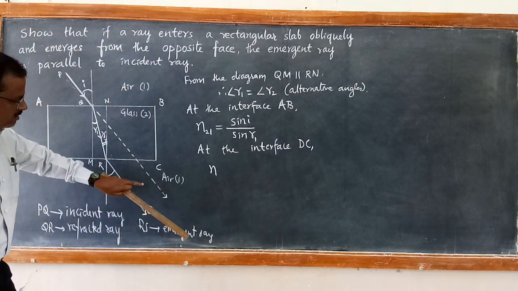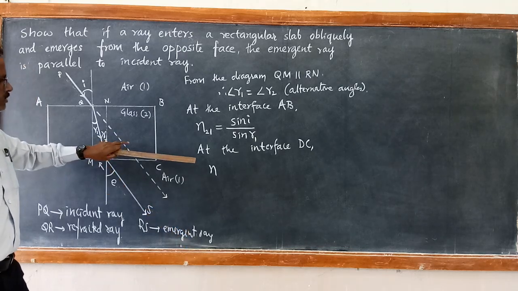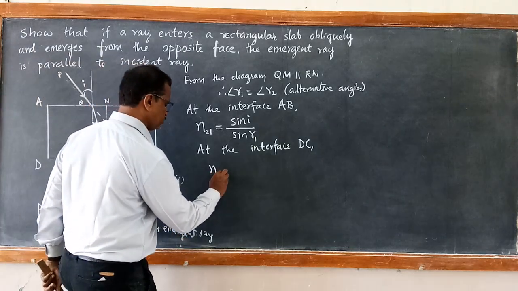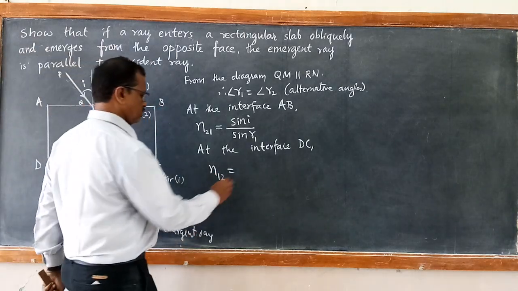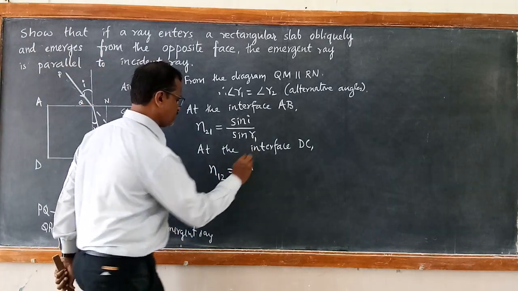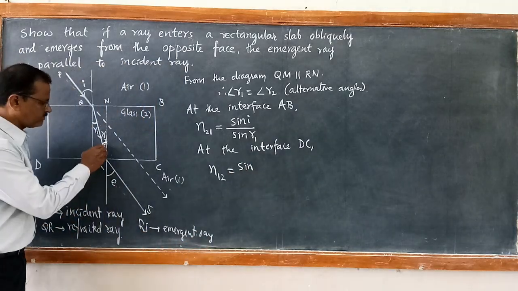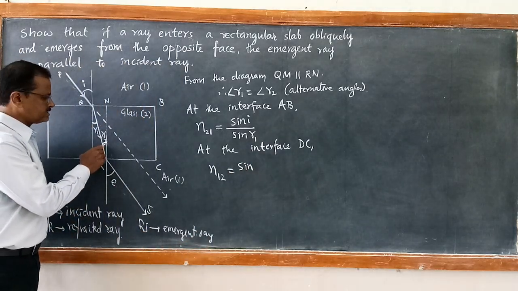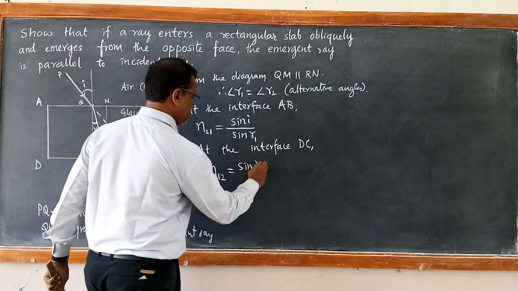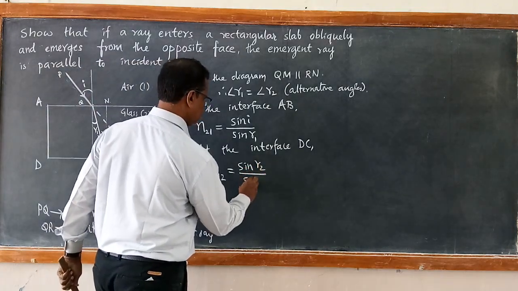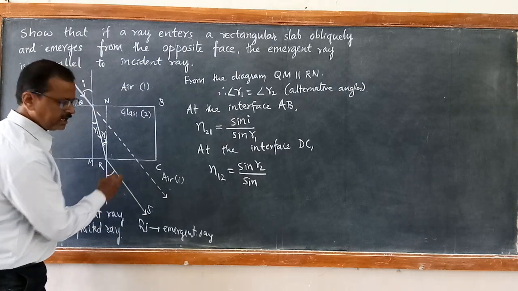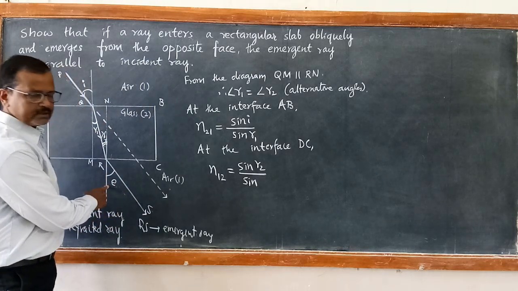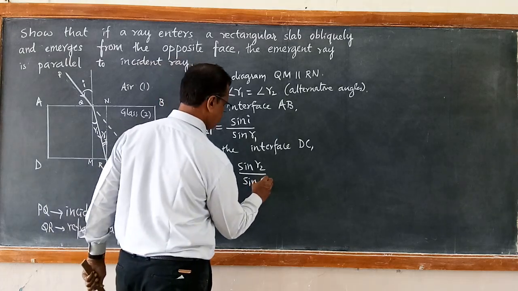So it is the refractive index of the rarer medium with respect to the denser medium, N12, the refractive index of the first medium with respect to the second medium. Again I can define sine of angle of incidence. What is the angle of incidence here? The angle of incidence here is R2. Sine R2 by sine of the angle of refraction, which is E. So it becomes sine E.